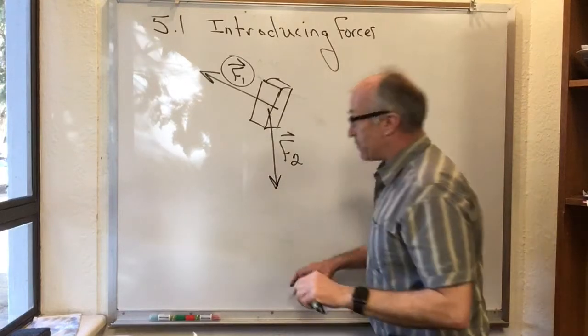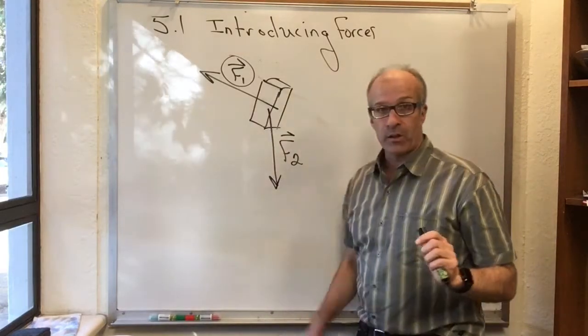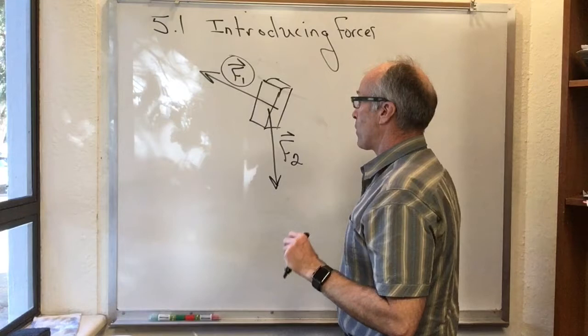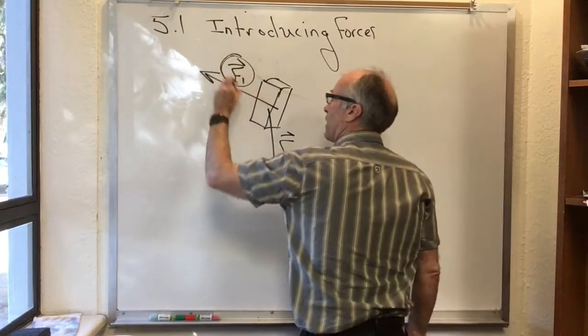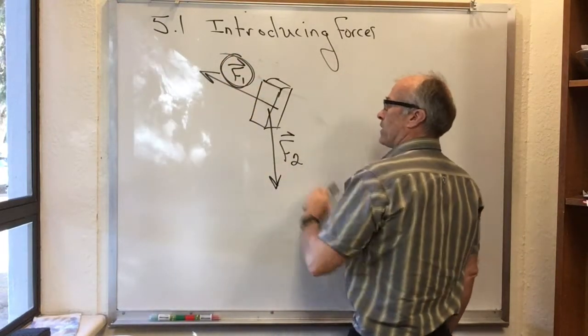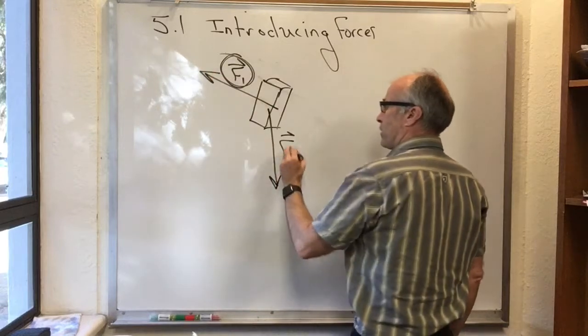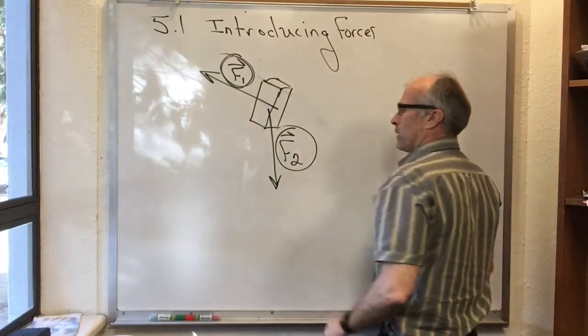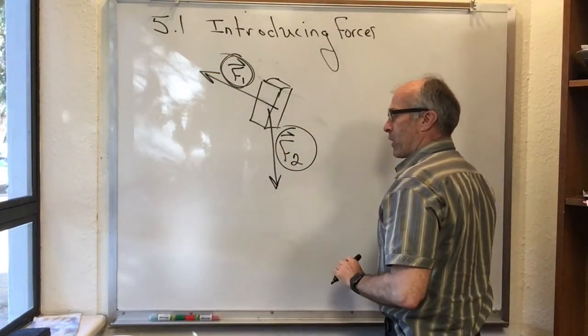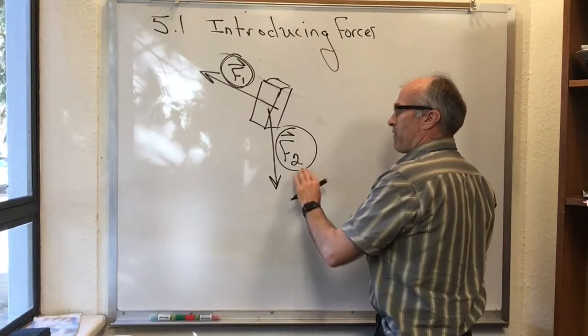And that's happening even though the Earth isn't in direct contact with the eraser, so this is called a long-range force. So we have my hand acting on the eraser, represented by that vector, and gravity acting on the eraser, represented by that vector.